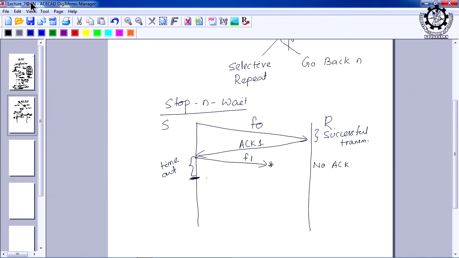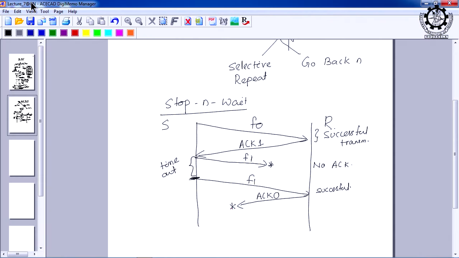So, which frame will now be transmitted again? Same F1 will be transmitted. Now, F1 is being transmitted. This is successful. What does it do? It sends the acknowledgement for 0. This is stop and wait. So, we can go for the frame 1, frame 0 that way.